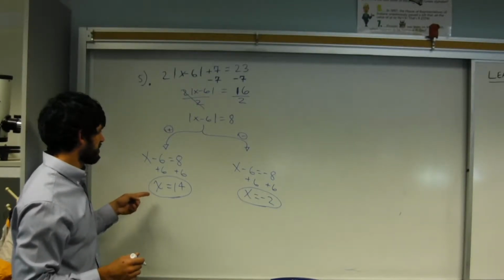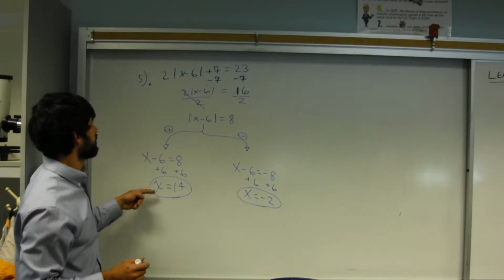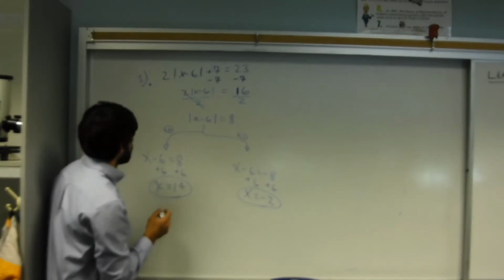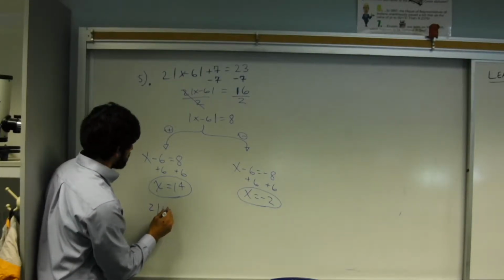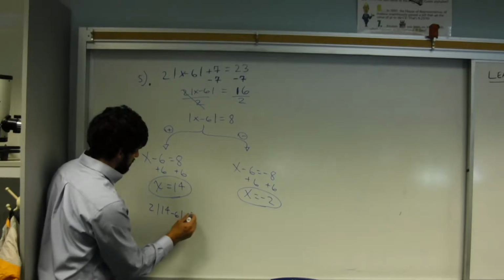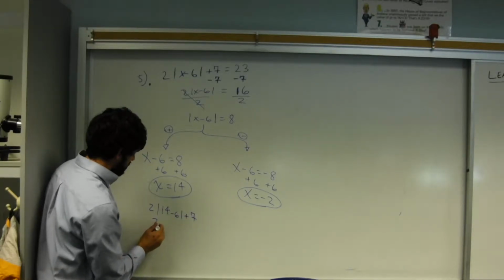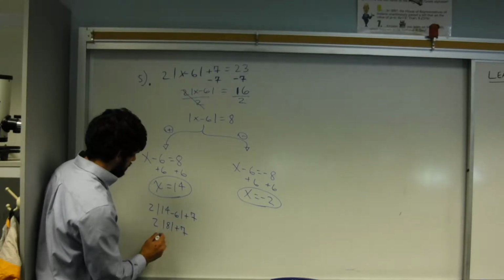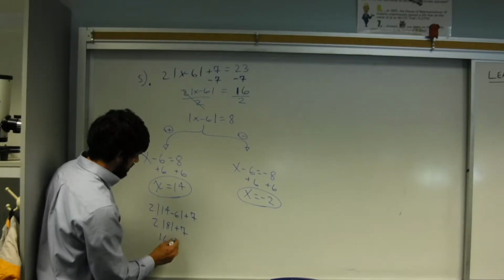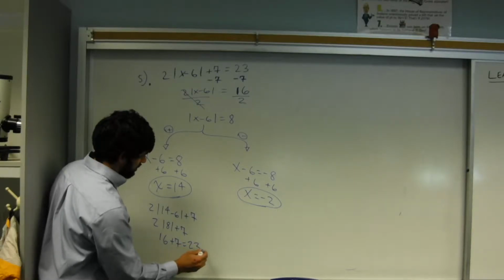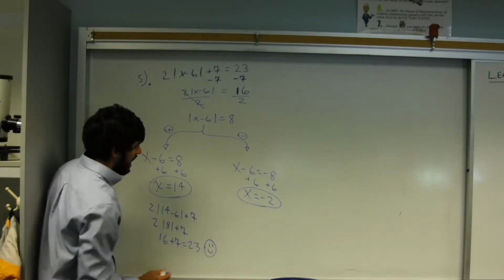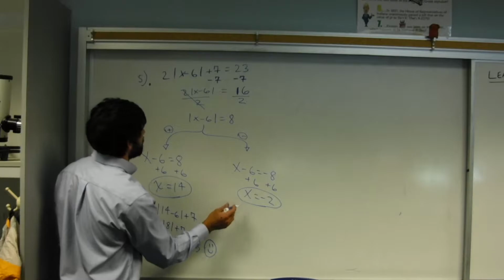If we check our answers and plug them into the original equation, 2 times the absolute value of 14 minus 6, plus 7, is going to be 2 times the absolute value of 8 plus 7. It's going to be 16 plus 7, which is equal to 23. We are happy. We plug in a negative 2.